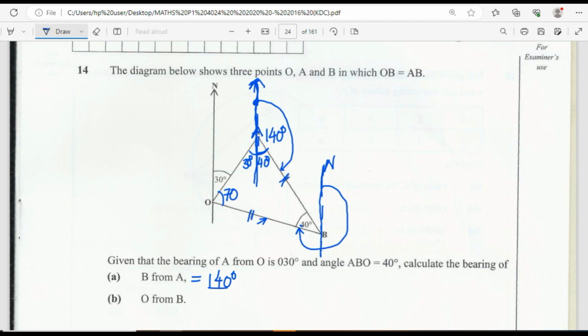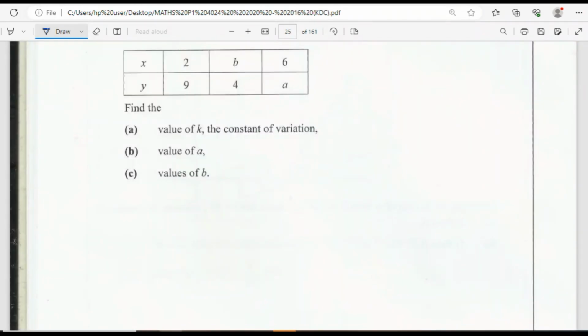So if there is a 40 also here, the other angle will just be 360 minus 40, which is equal to 320. So that's our final answer.